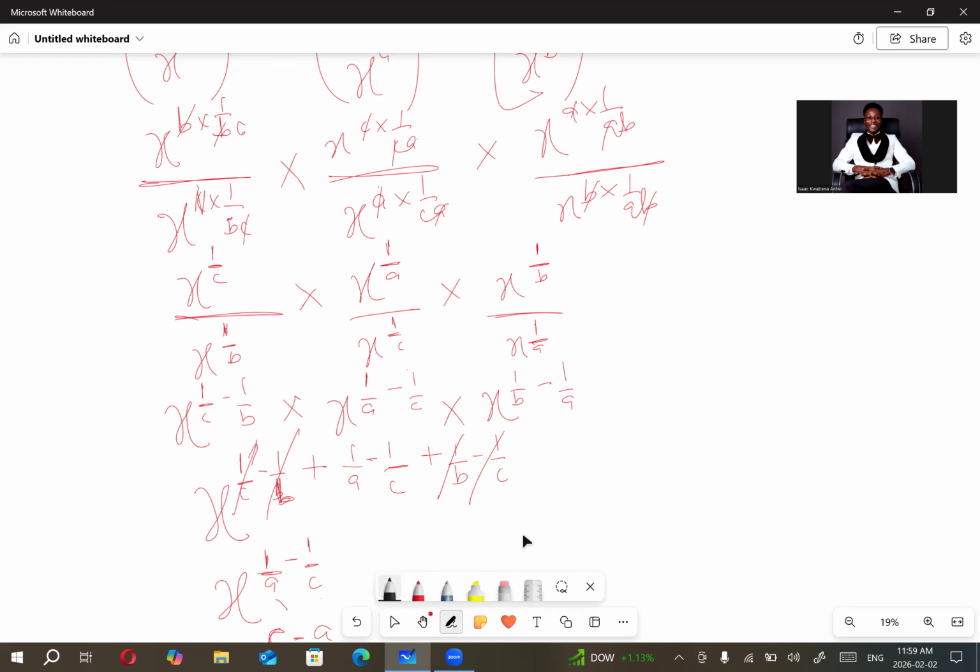Let me use black. 1 over c is this, right? It cancels 1 over c here. That's where the confusion is. So you see, from the step before that.